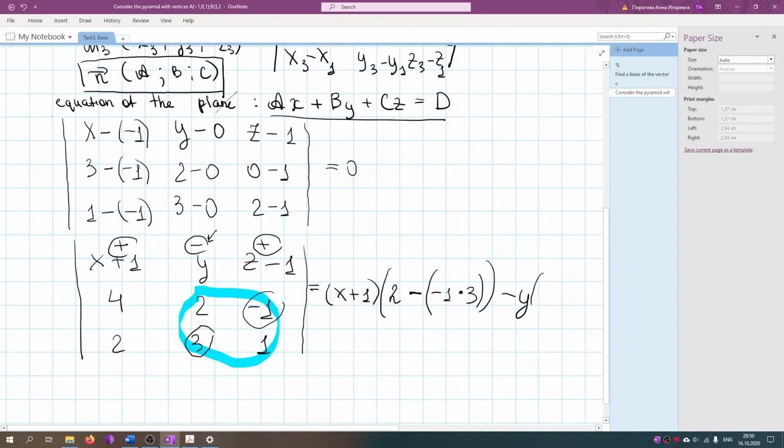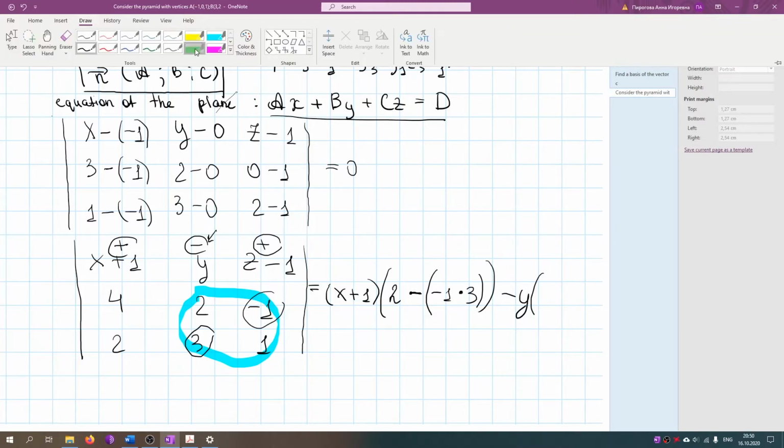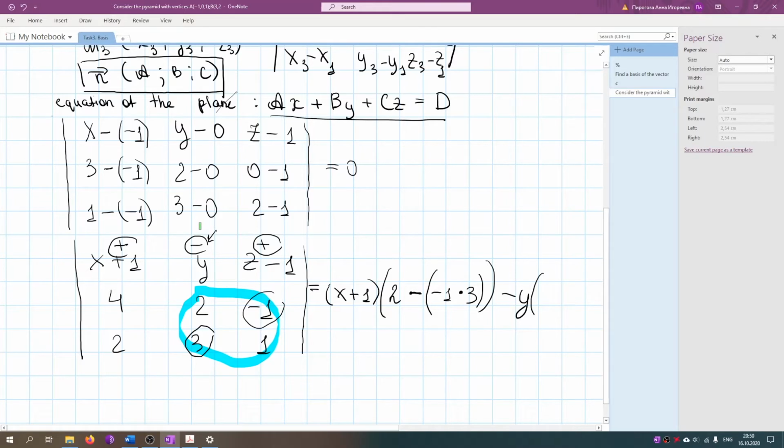So we multiply it by, so we cross out the second column and the first row, and our matrix is these numbers and these numbers, which are highlighted with the green color. These are the numbers that we need to multiply and subtract.